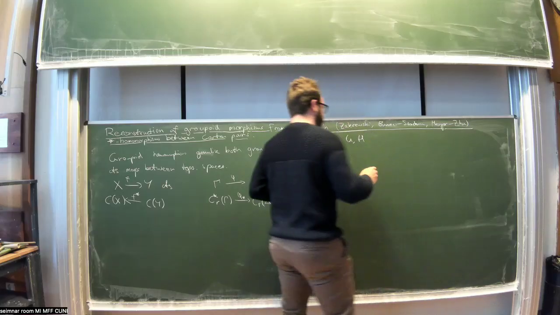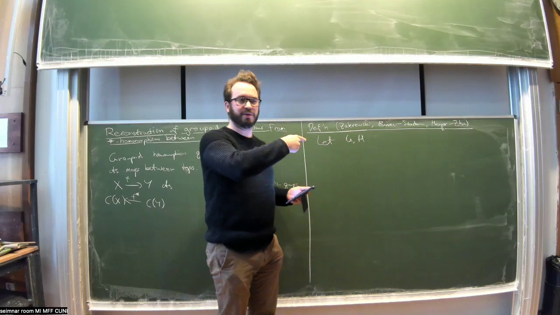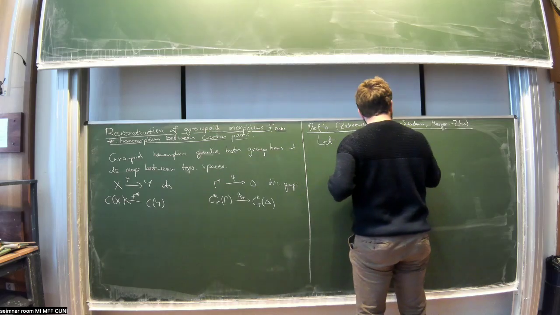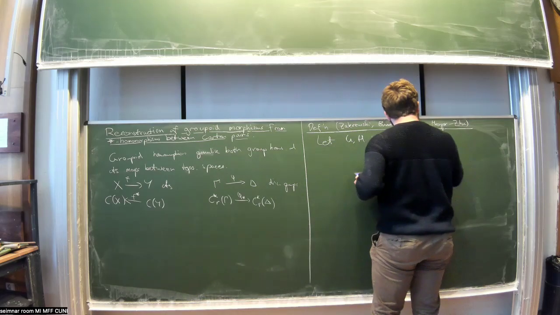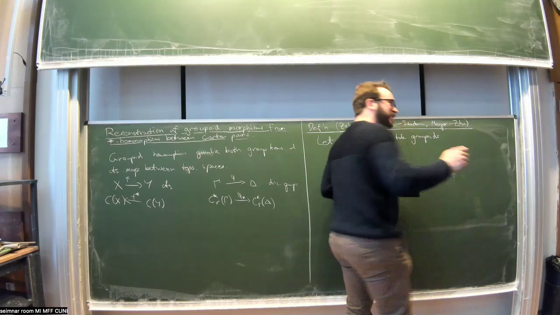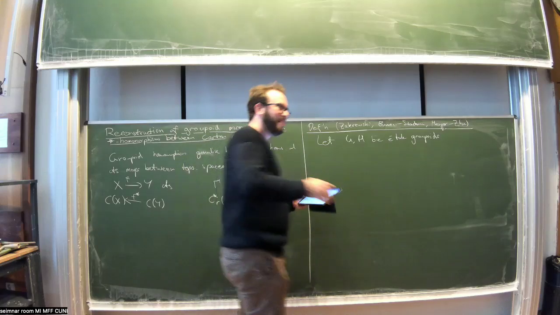So I use just standard Roman G and H for my groupoids because I'm lazy, but these will be étale groupoids, and much to everyone's disappointment, I'm going to assume that my groupoids are locally compact Hausdorff.